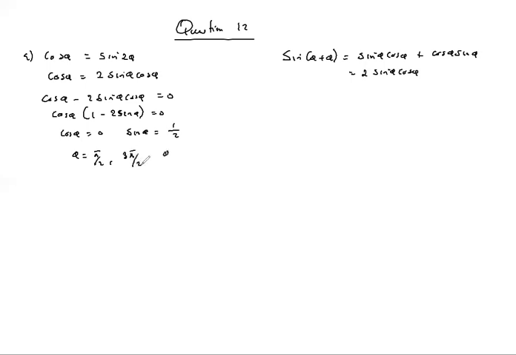Sine theta is half at 30, which is pi over 6, and also in the second quadrant, at 150, so pi minus 30, and that is 5 pi over 6. So these are the solutions that we have for that.